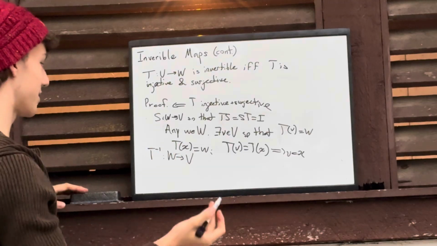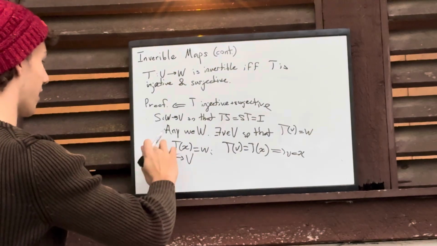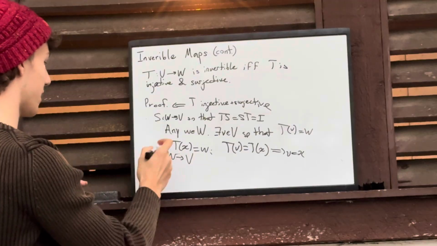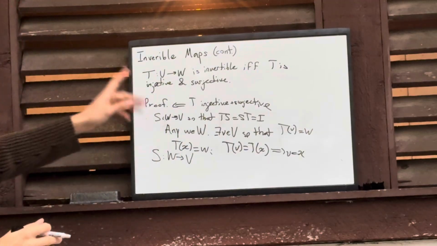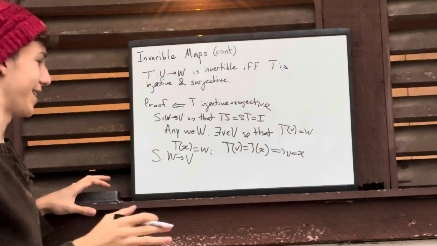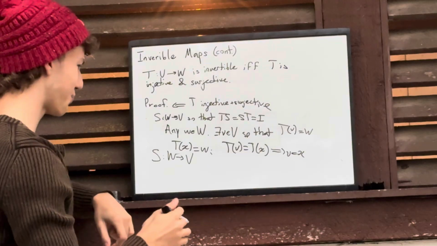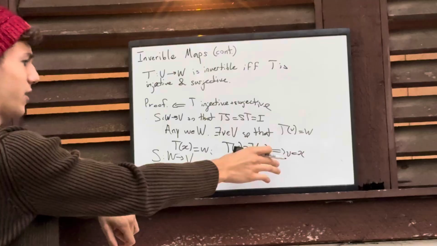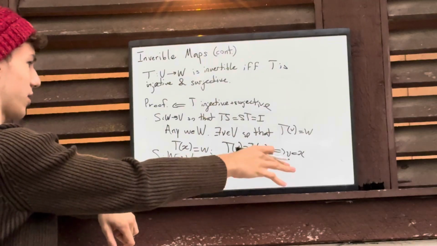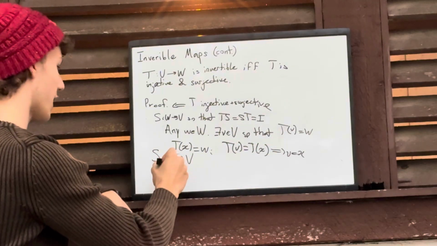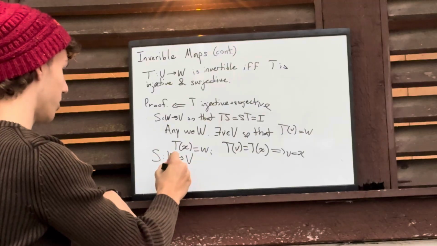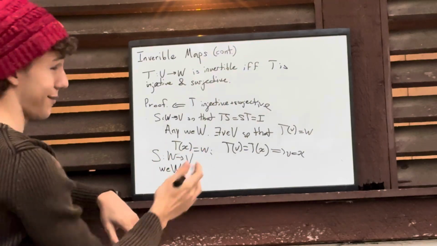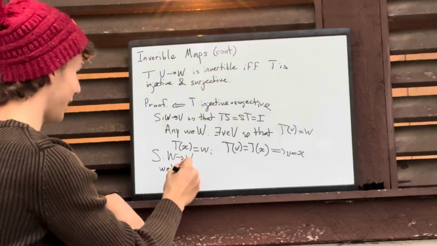Now, does this satisfy our requirement for invertibility? I'm going to call that function S. I think it basically follows directly from what we've done, but let's check. Let's take any W in W. Again, sorry guys, we're using notation that's how it's got to be.